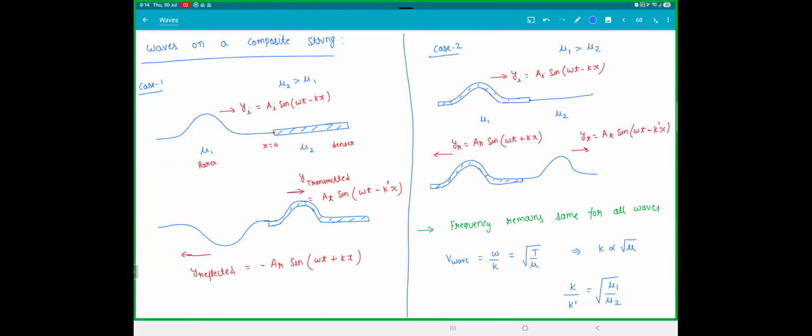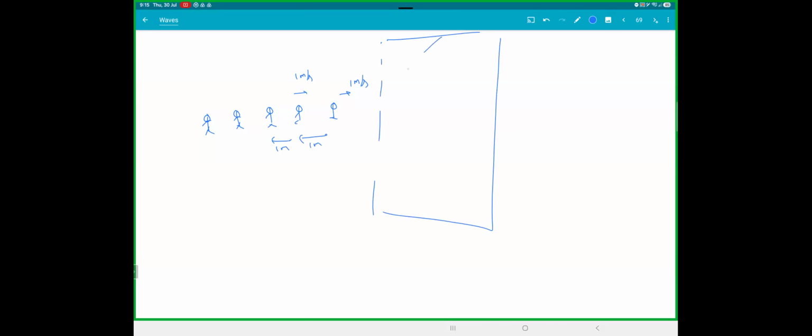Just to give a crude example, listen to this. Why does wavelength change? Imagine we have 5 of your friends, all walking in a line. Let's say all are going at 1 meter per second, and the distance between them is 1 meter. As you 5 people are walking in a straight line, suddenly imagine you start entering a very crowded area, a market kind of thing.